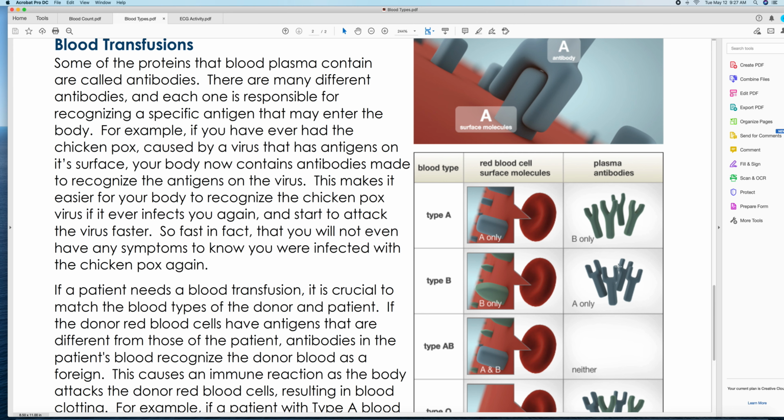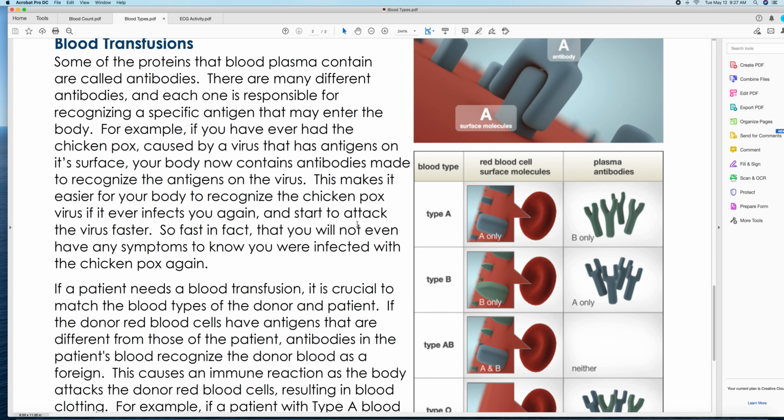They can filter out the antibodies from the donor blood, but you can't get rid of a person's natural antibodies, right? So if you put B blood into an A person's system, their B antibodies are going to attack. And when they attack, that's going to cause clotting.